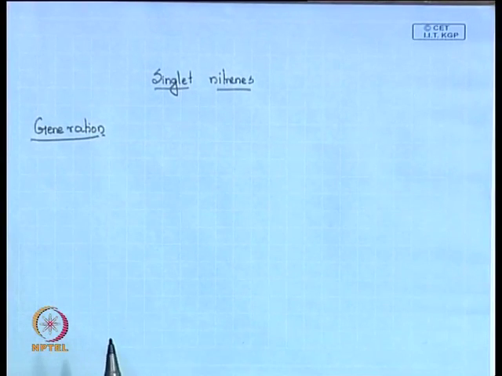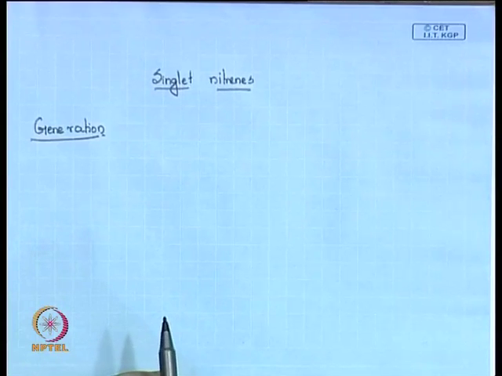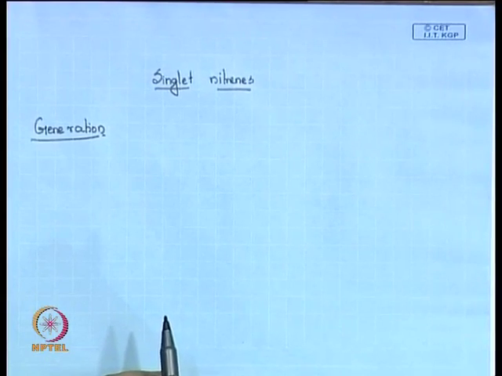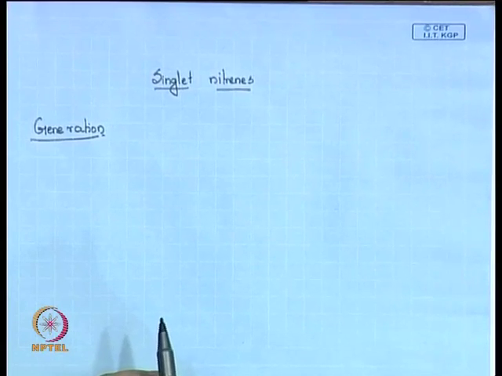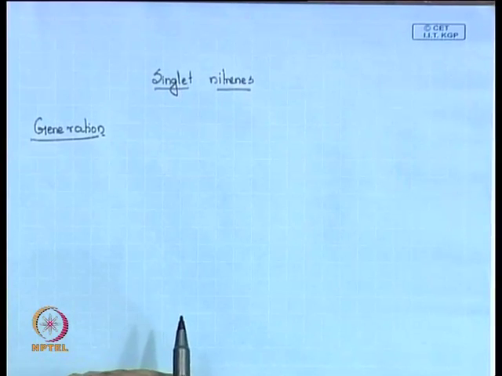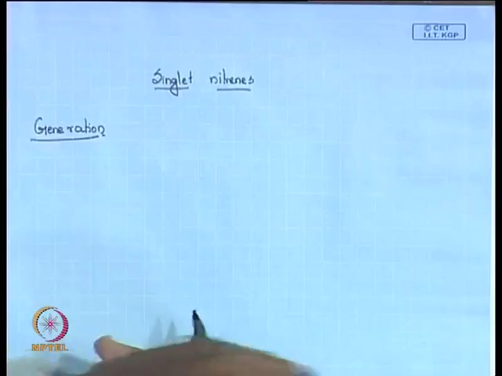How can we generate singlet nitrene? Anyone? Come on, man. How do you generate singlet carbene? You take a type of azo compound because that nitrogen goes off.